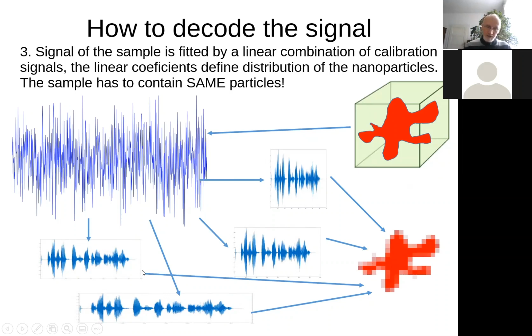What is necessary to remind here is that the sample has to contain the same particles for which we made the calibration. So we do the calibration once for one particular tracer, and then we can use it. And the scanning of all the mice with applied tracer takes just tens of milliseconds. It's very fast.